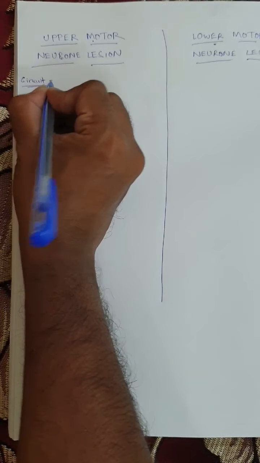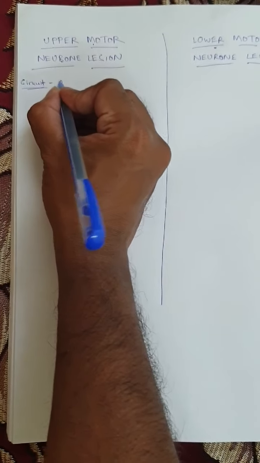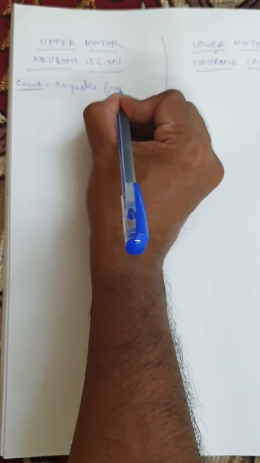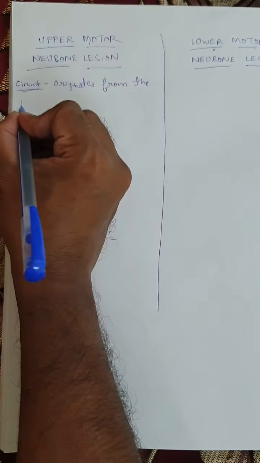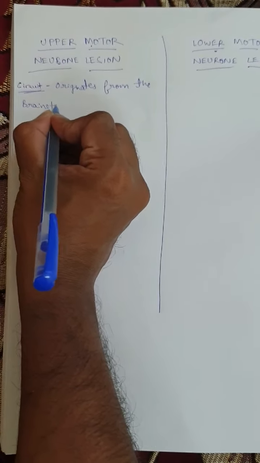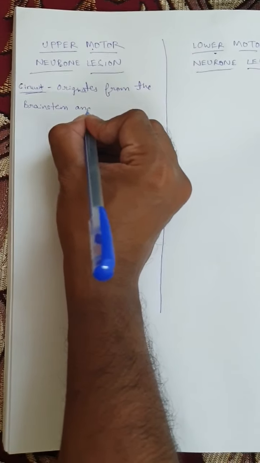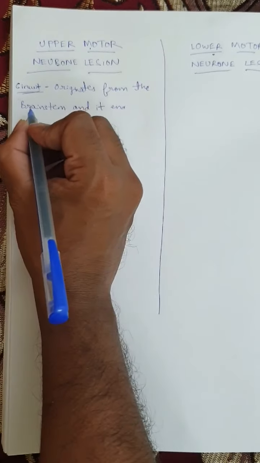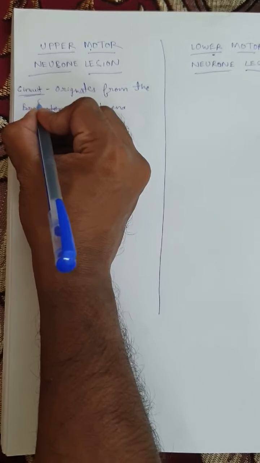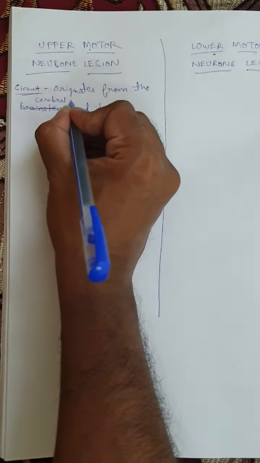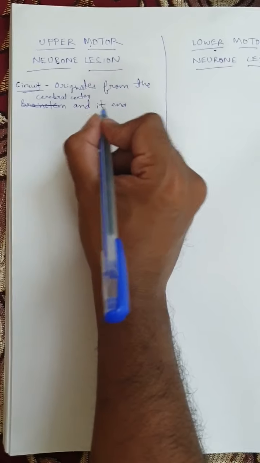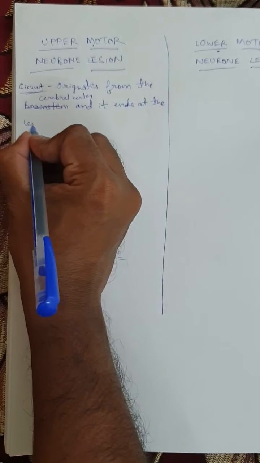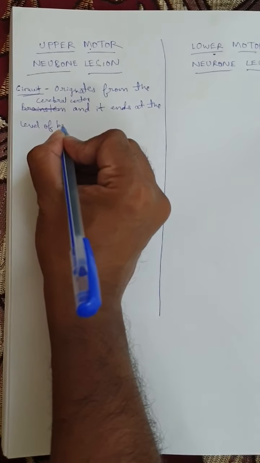Now, upper motor neurons originate from the brainstem, and it ends, sorry, I'm extremely sorry, it originates from the cerebral cortex, and it ends at the level of brainstem.